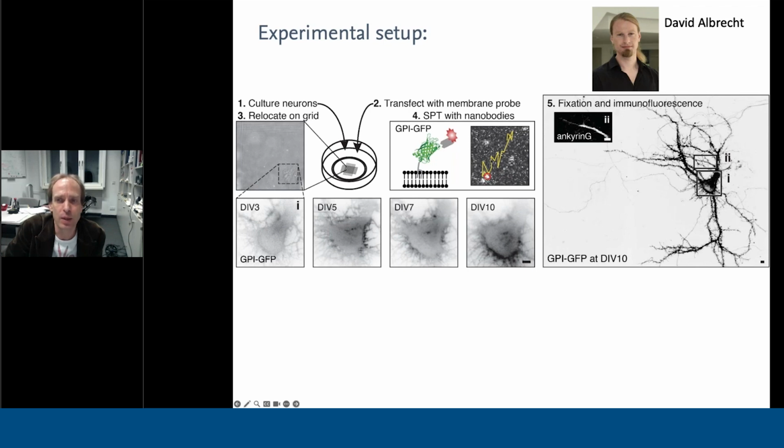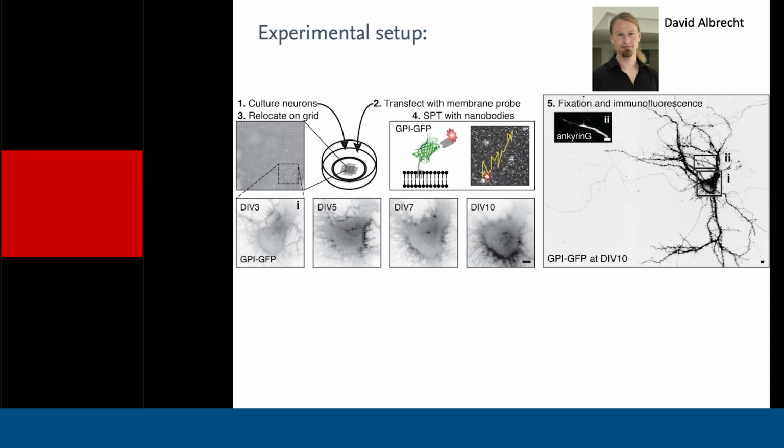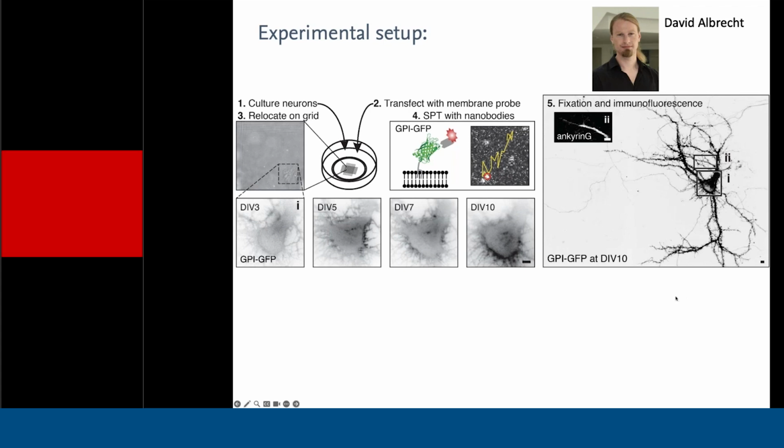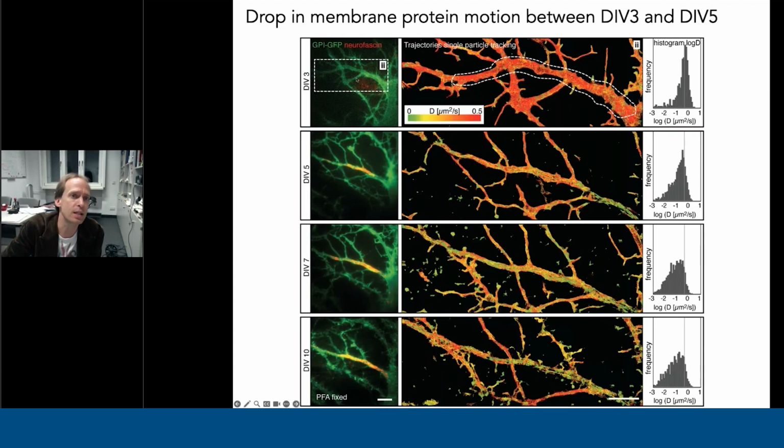As the axon grows and the axon initial segment becomes assembled and these actin rings form, over time, from day in vitro 3, over day in vitro 5, day in vitro 7, day in vitro 10, we always observed in the very same cell the axon as it assembles the cytoskeleton. This was an extremely difficult experiment, but it had beautiful results, as you can see here.